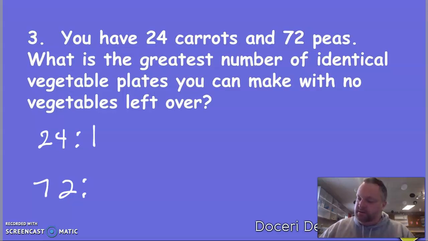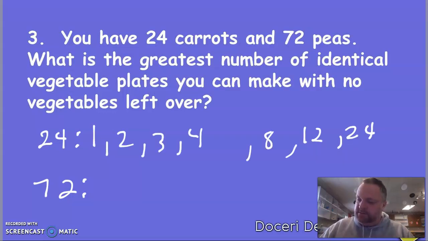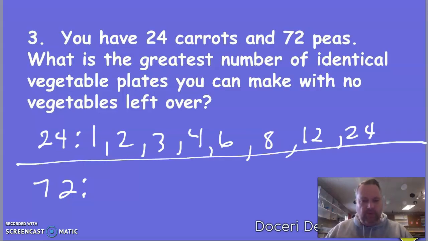So 1 times 24, 2 times 12, 3 times 8, 4 times 6. So those are my factors for 24. And now here are my factors for 72.